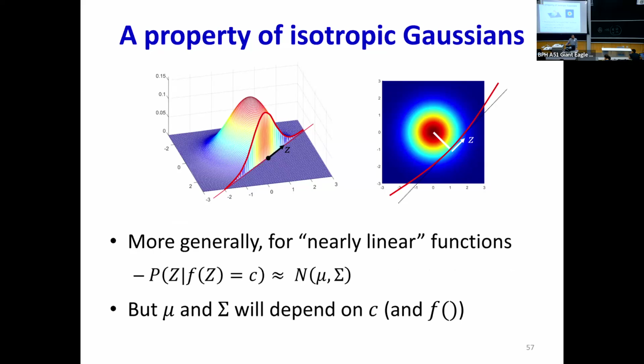The one distinction between having a perfect plane and finding the distribution on a curve is that, depending on the nature of the curve, the mean and variance of this Gaussian are going to be slightly different. Earlier, when you were just slicing along a plane, it didn't matter which plane you took, the variance was 1, right? Here, because it's curved, the mean and variance are going to depend on the function f.